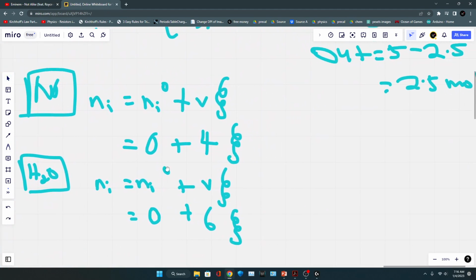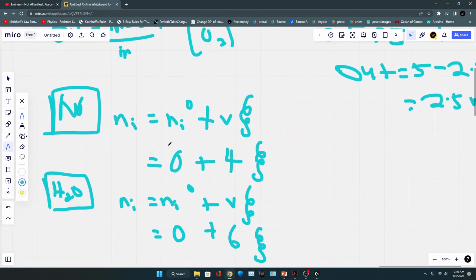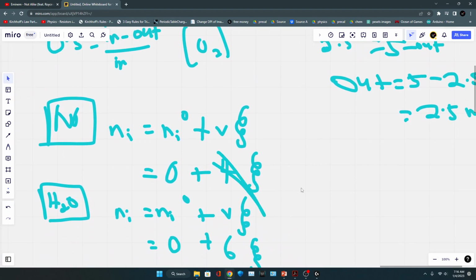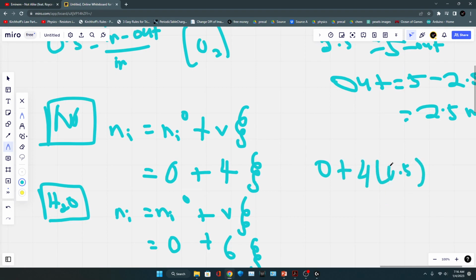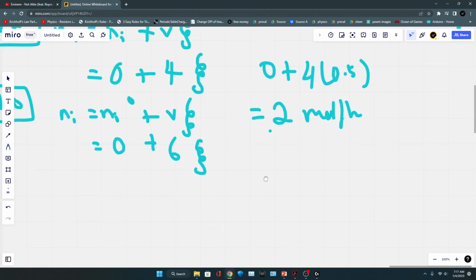And then we also have nitrogen monoxide. Just substitute 0 plus 4 times 0.5, so half of 4 is 2, so 2 moles per hour of nitrogen monoxide is coming out in the outlet stream.